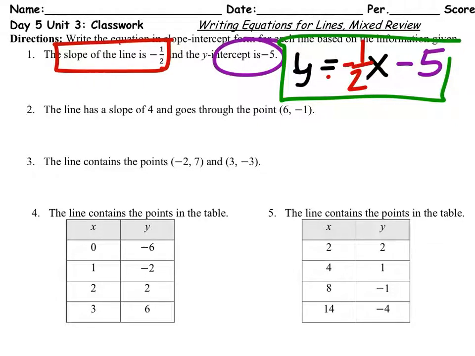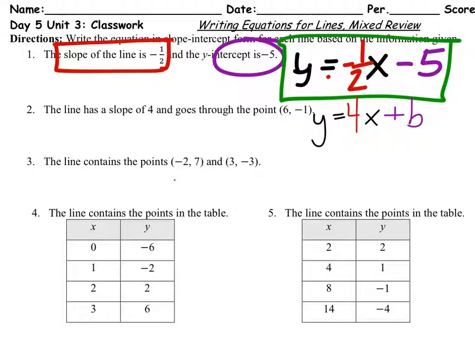Number 2, the line has a slope of 4 and goes through the point (6, -1). In this one we will need to use the slope-intercept form to find the y-intercept. So y equals the slope, which is 4, times x, plus b.